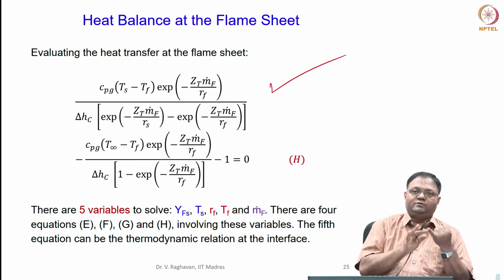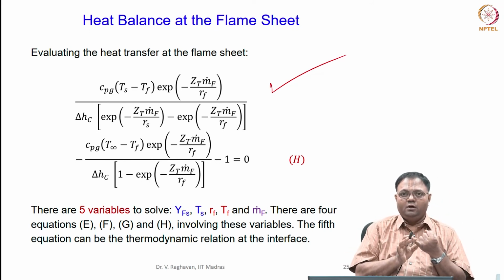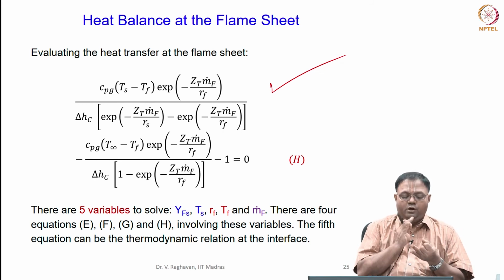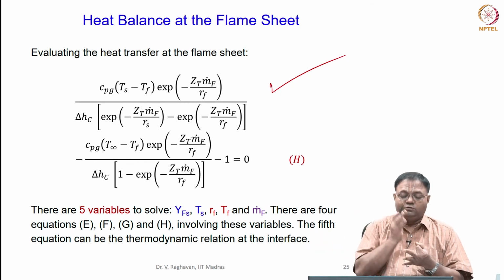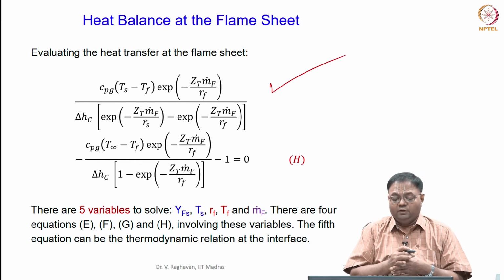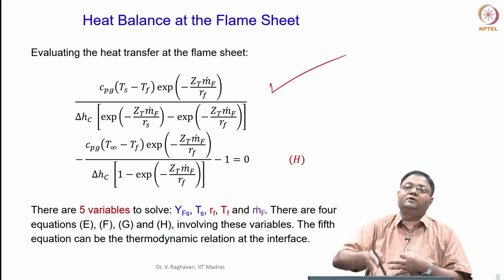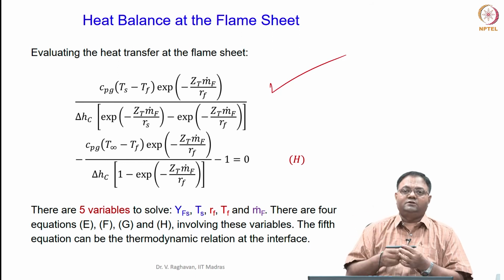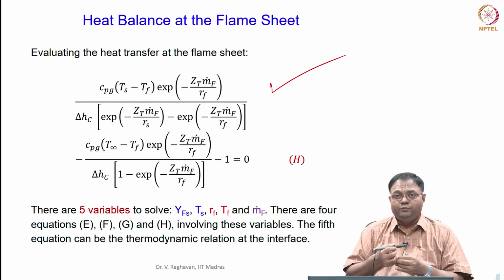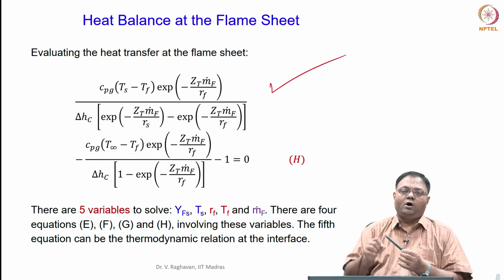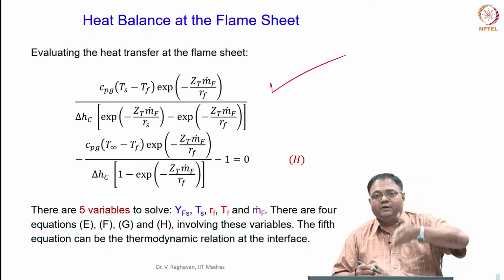Sorry. So, the first equation was due to the species transport in the inner zone, that is fuel transport in the inner zone. The second equation was generated using the oxygen transport in the outer zone. The third equation is generated using the interface heat balance using the energy conservation. The inner temperature profile was used, calculating the differentiation of that temperature profile with respect to R and setting R equal to RS, I got the heat balance at the interface.